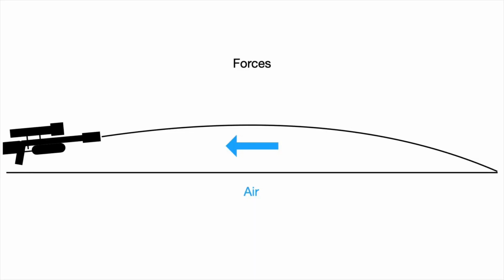The other force that's at play is the resistance that the air your pellet is moving through creates. As it goes, it's pushing air molecules out of its way on the way to the target. How much that is going to scale back its velocity is based on ballistic coefficient, which we've already talked about.